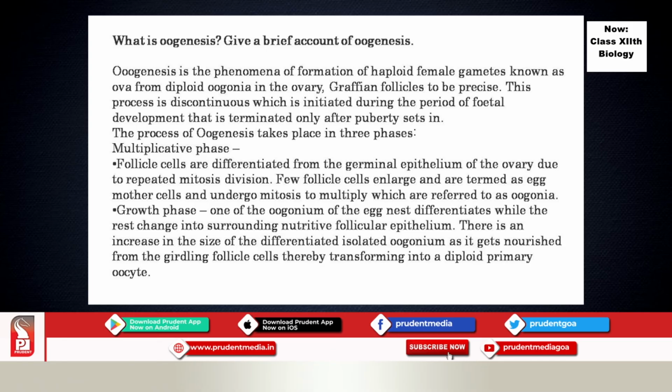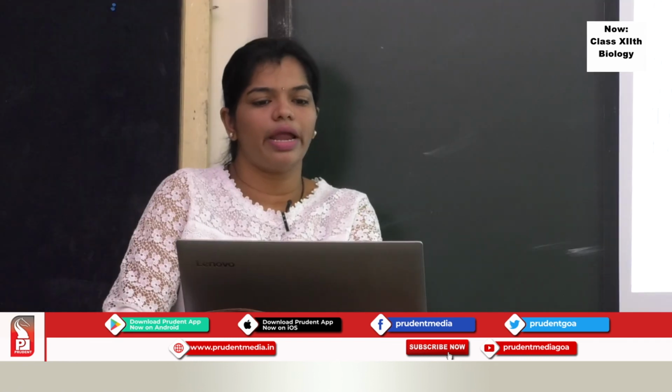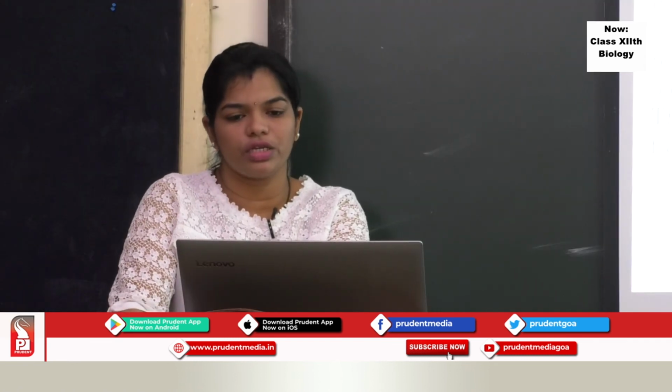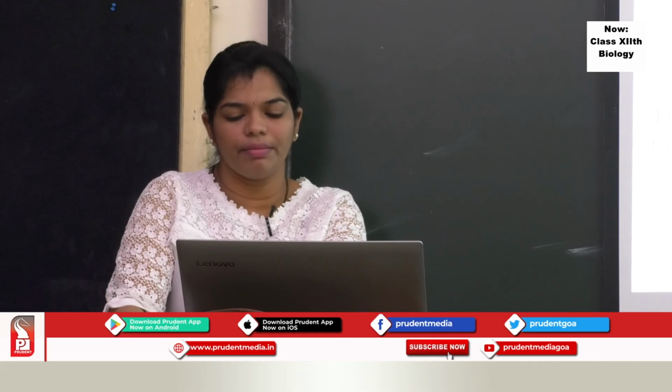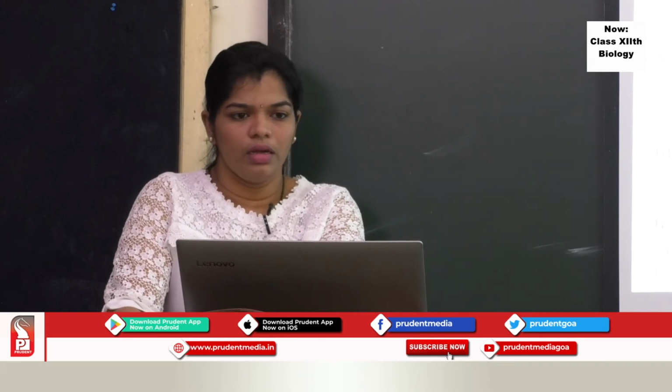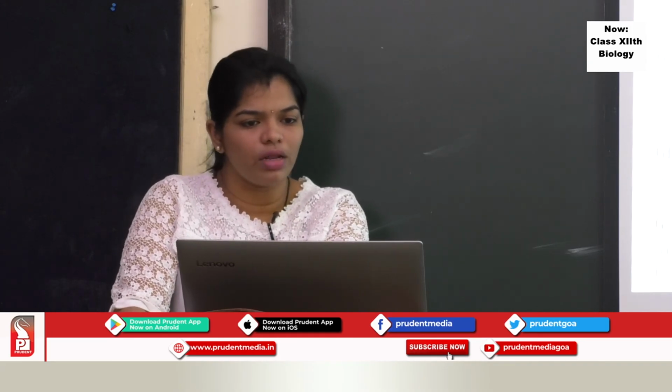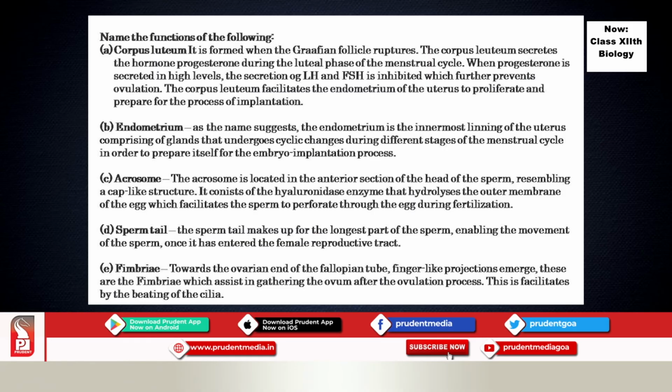This answer is there on 2 slides, students, and ends with the last part, that is the maturation phase of the primary oocyte. Then the functions of the following: corpus luteum, endometrium, acrosome, sperm tail, fimbriae. All these functions are important, what they are involved in, in the process of reproduction.